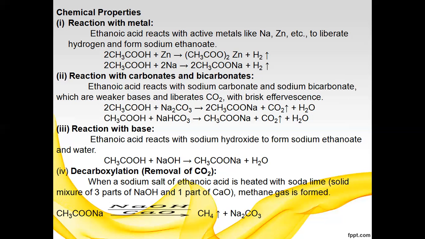So when heated with soda lime, it forms methane gas, CH4. This is a chemical property of ethanoic acid.